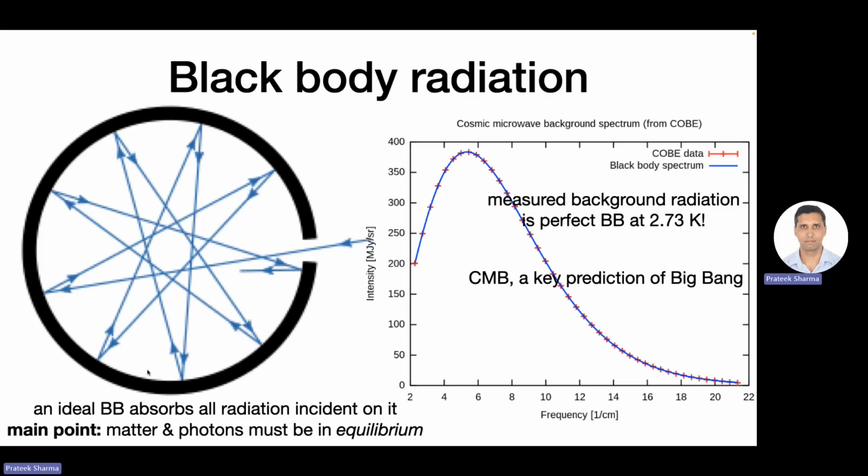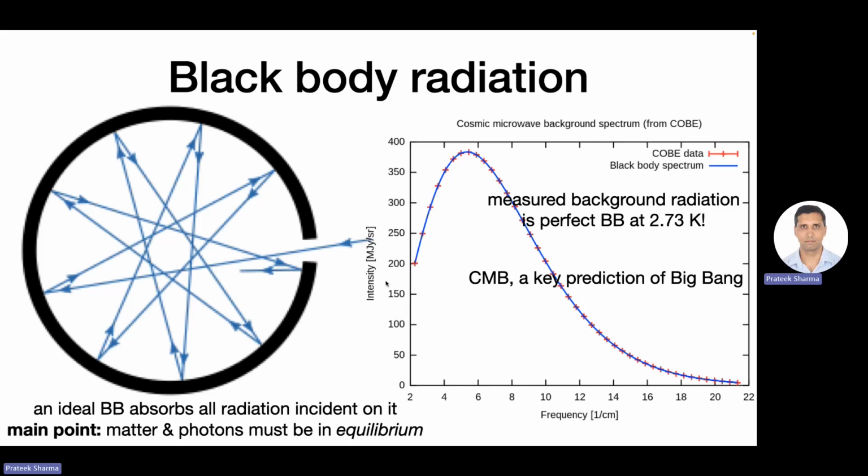The point is, a black body is a medium in which matter and photons are in equilibrium, right? Light and matter collide with each other and are able to efficiently exchange energy with each other so as to produce this universal black body spectrum.